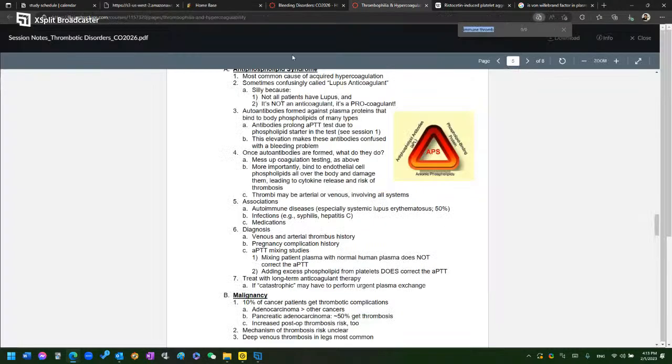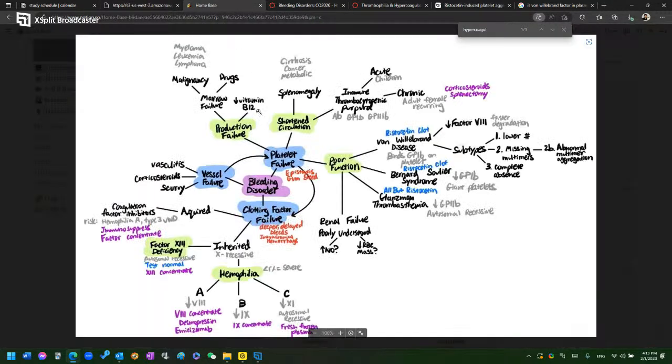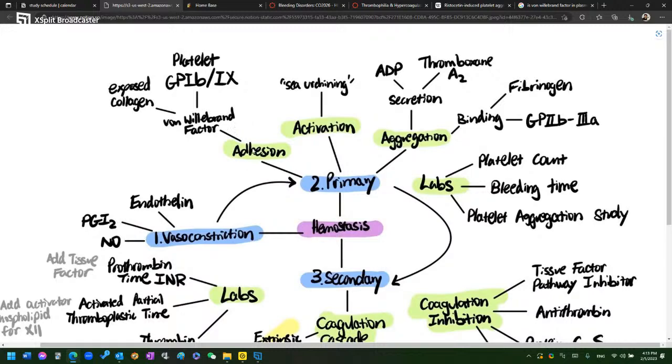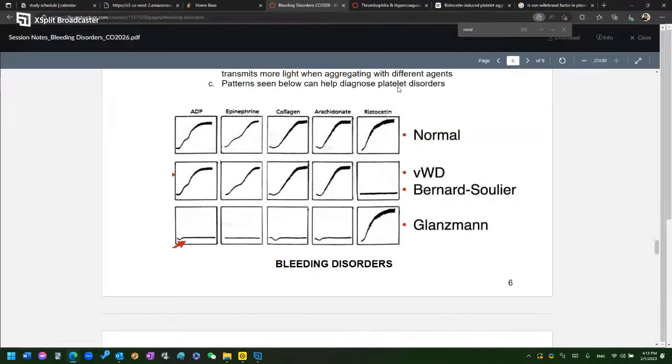So you could have even a small amount of adhesion on the surface, and it will still cause you to clot. So that's what all of these are. In any case, it's all very confusing. But essentially, ristocetin is a test of adhesion.